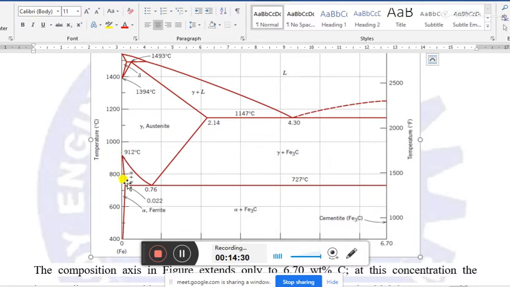We have discussed in the last class that from 770 degrees Celsius to 912 degrees Celsius, this iron has no magnetic property.